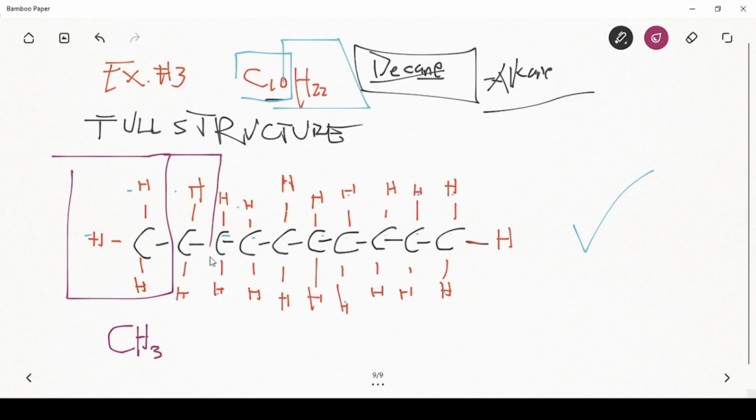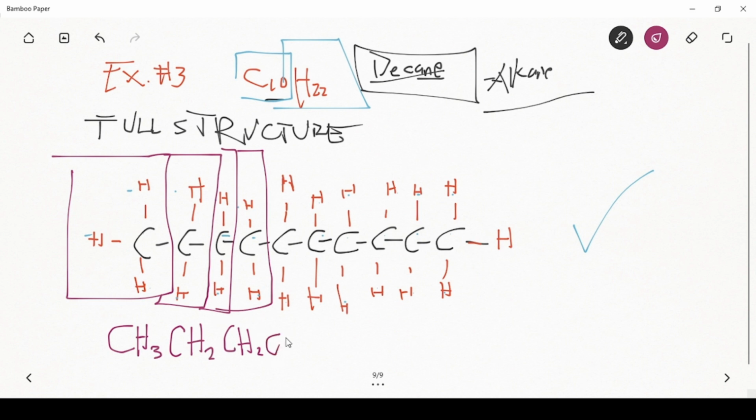Next, the second carbon contains two hydrogens, so therefore CH2. Third carbon, the same, CH2. Fourth carbon, the same, CH2. Fifth carbon, the same, CH2.